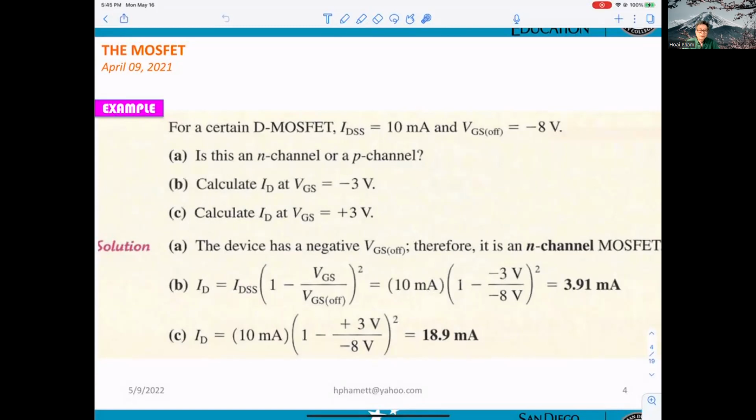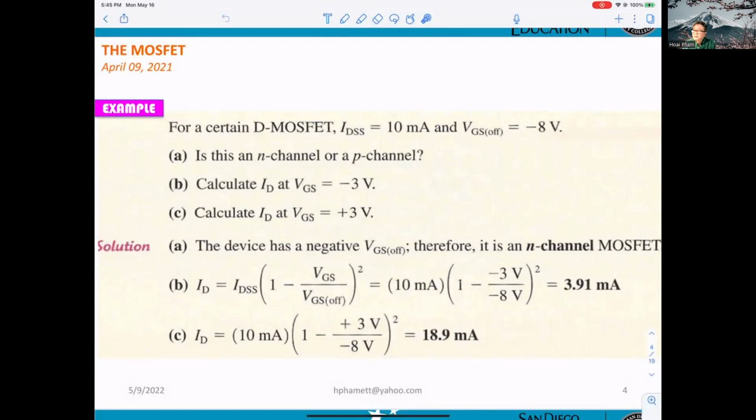Now calculate ID at VGS equal minus 3 volt. We already know the formula: ID equals IDSS times 1 minus VGS over VGS off, squared.